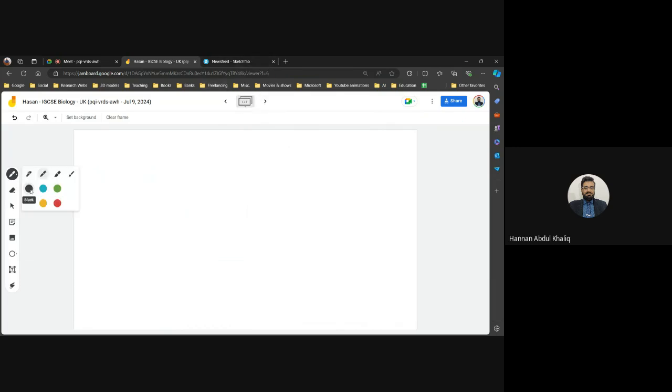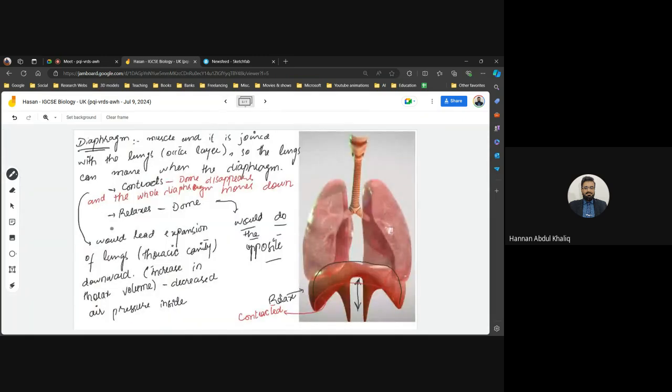Okay, I would lead you to the animations later. First, let's talk about another event that would be occurring. Remember that two events are necessary to remember. The volume of thoracic cavity is increasing, which means expansion, leading to decreased air pressure. This is an event when the diaphragm is contracting.